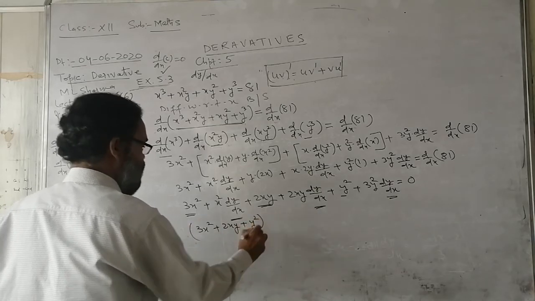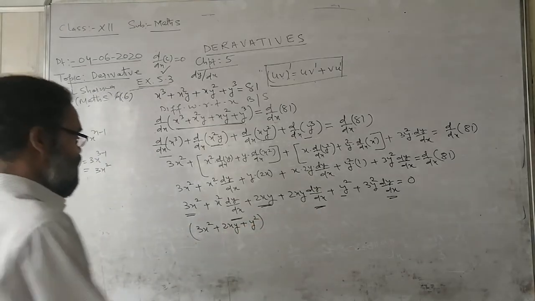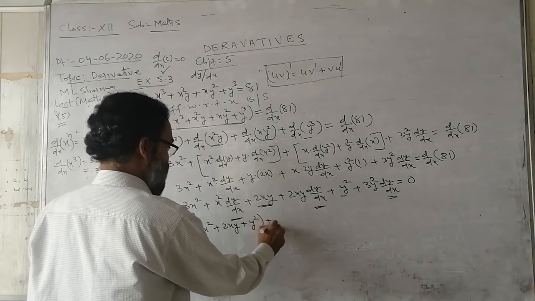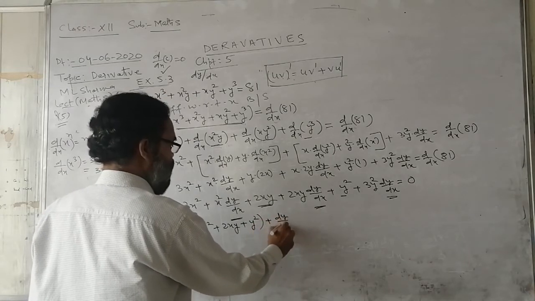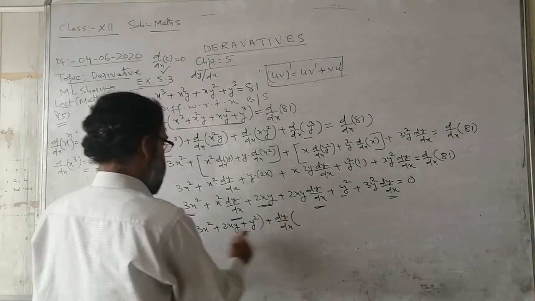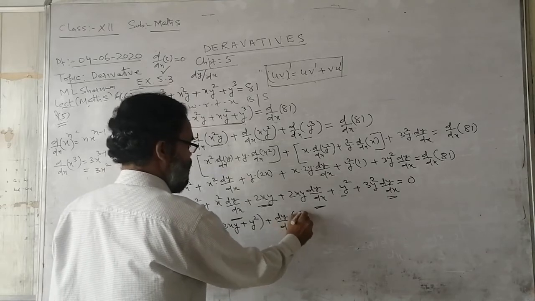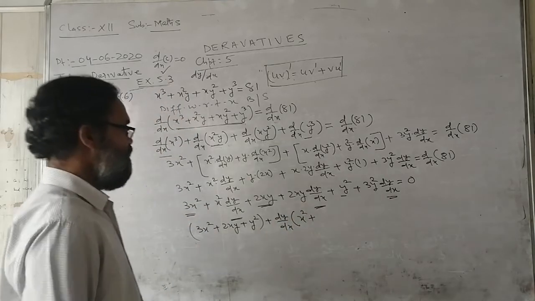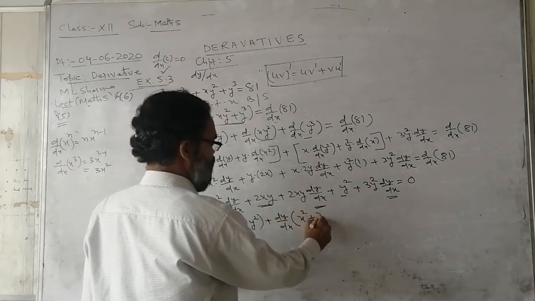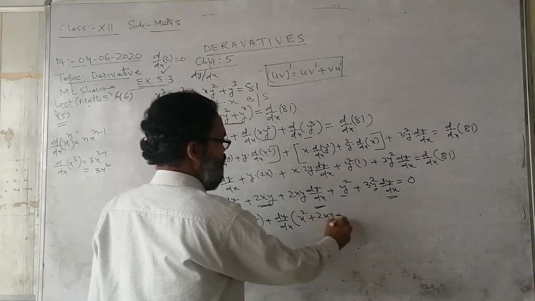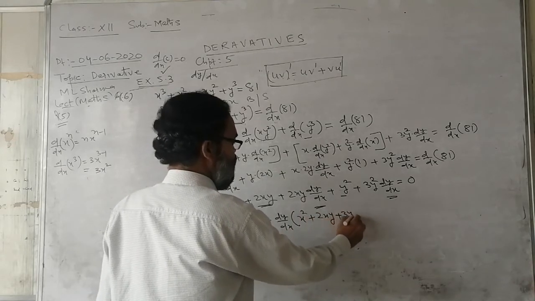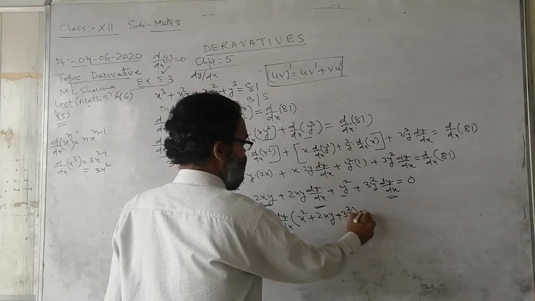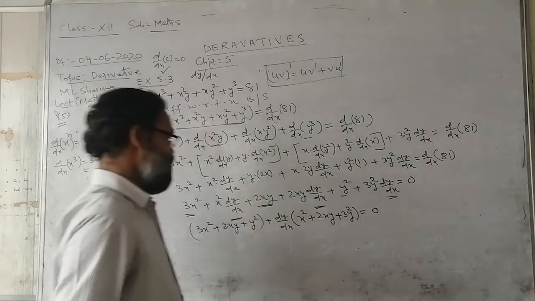So these three terms are separated from, if I take dy upon dx common, so I will have x square here, 2xy here, and 3y square here. So this will equal to 0.